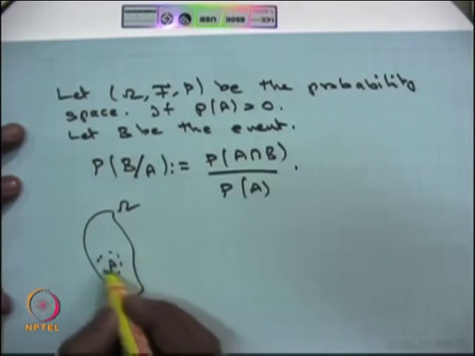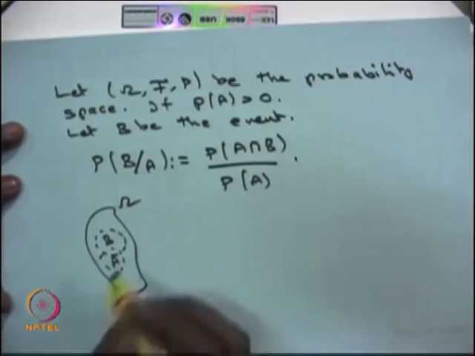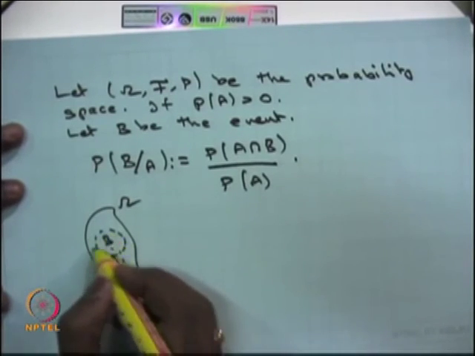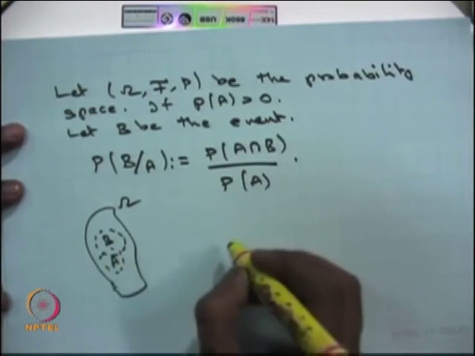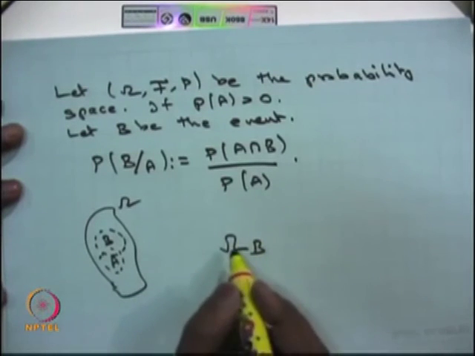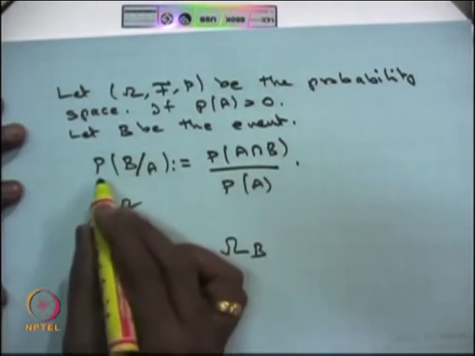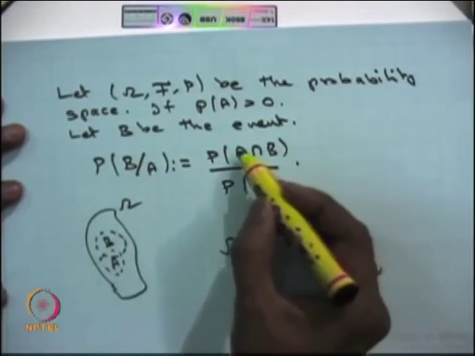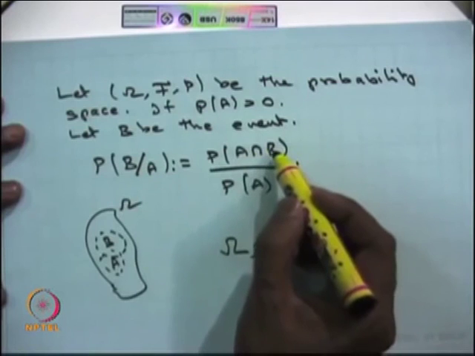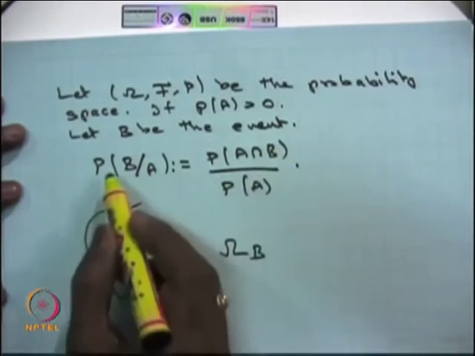Suppose you make another event B, and you are asking what is the probability of event B. You find the reduced sample space, and you find the proportion in which event B occurs in the reduced sample space, which is the same as the definition of probability of B given A. That means you find the event which corresponds to A intersection B, and the ratio of the probability of A intersection B to the probability of A gives the conditional probability.